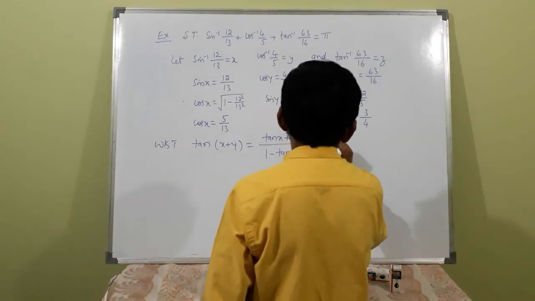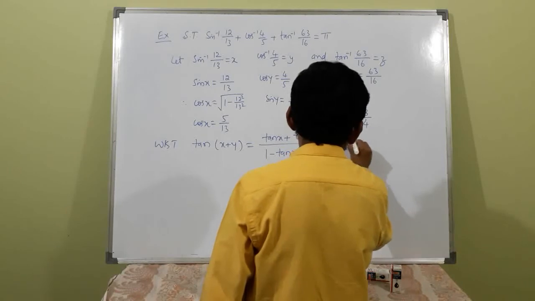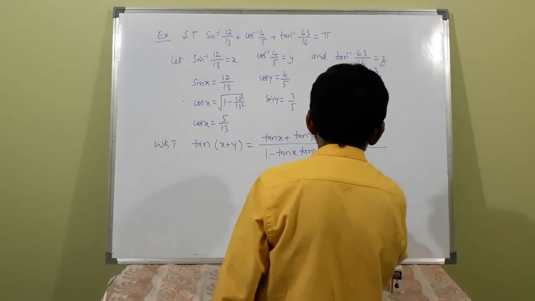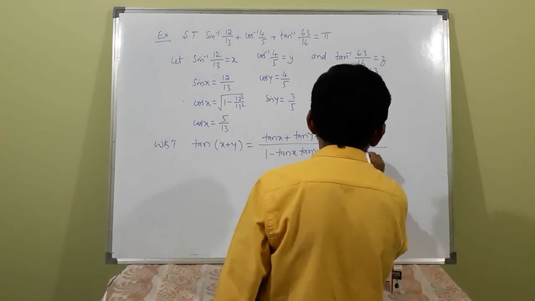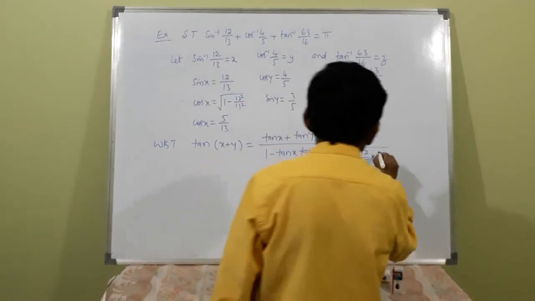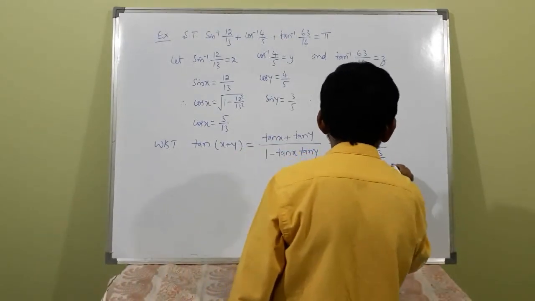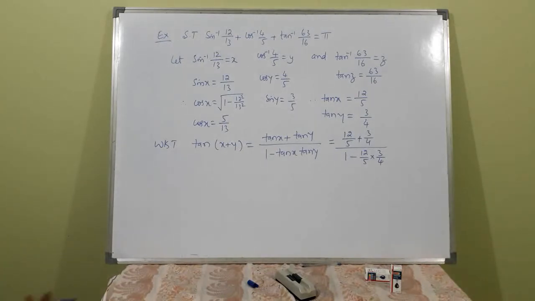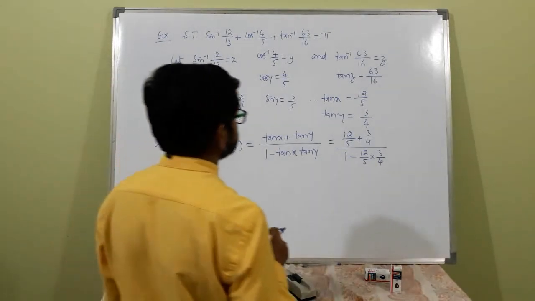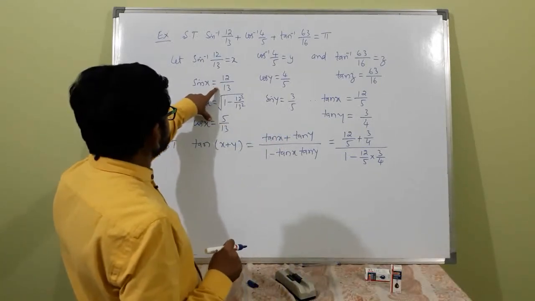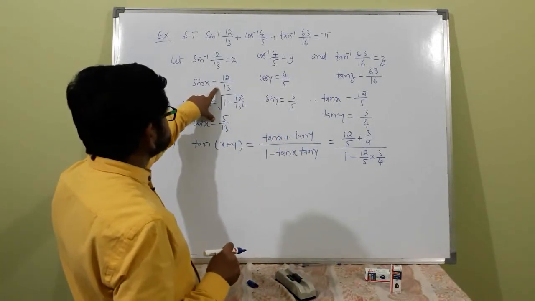That is 12 by 5 plus 3 by 4 divided by 1 minus 12 by 5 into 3 by 4, isn't it? Tan x is 12 by 5, tan y is 3 by 4, 13 gets cancelled.